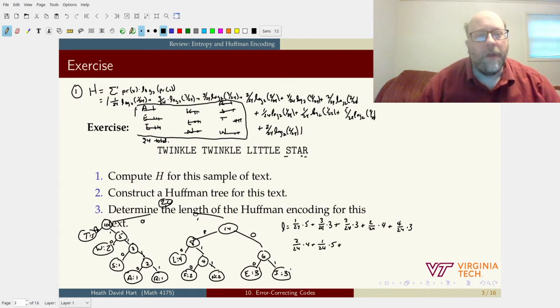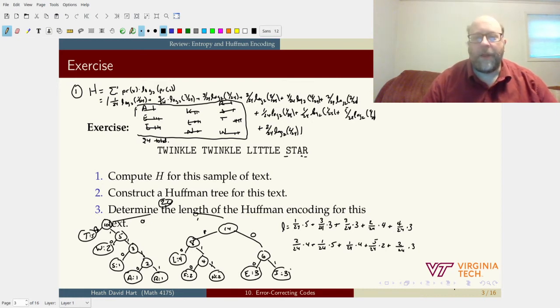S is 1 layer up from there, but that's just because I broke the tie that way. 1 over 24 times 4. T is 5 over 24 times 2. And finally, W is 2 over 24 times 3. Okay?